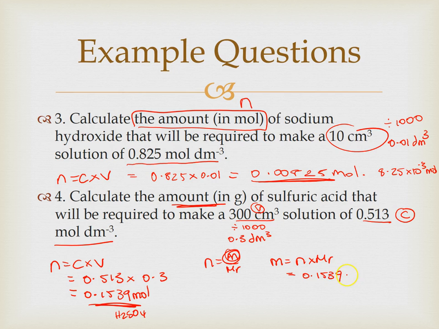0.1539, and then I just need Mr of H2SO4, which is going to be 2 times 1, plus 32.1, which is sulfur, plus 64, and if we put all of that into our calculator, we should get approximately 15.60 grams of H2SO4 is what we would need to measure out and then take up to a volume of 300 ml or 0.3 decimeters cubed.